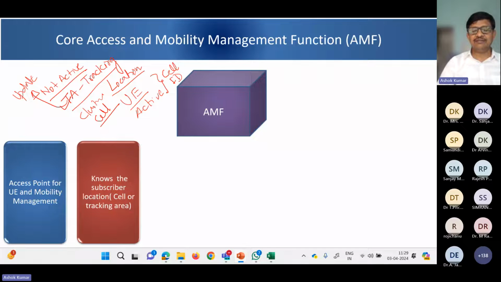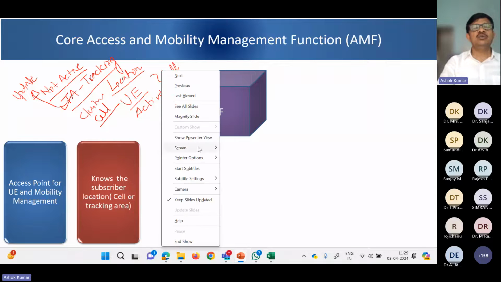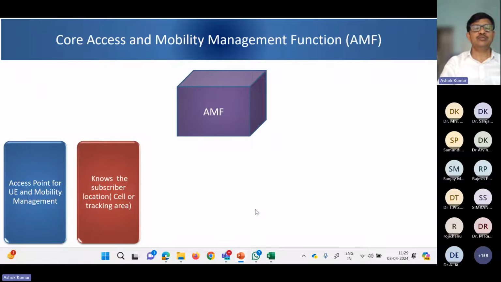So we can say that the access and mobility function knows the location of the user equipment, and that location would be either a cell ID if the user equipment is active, or the tracking area if it is not active at that moment.